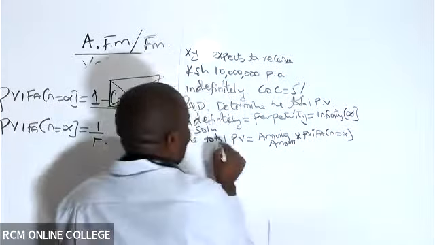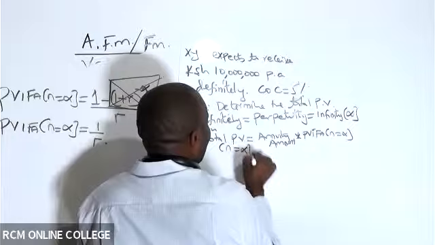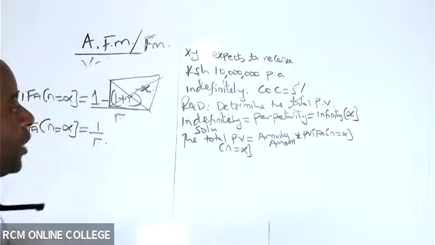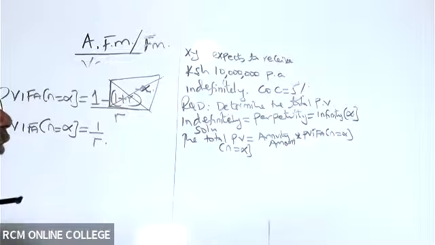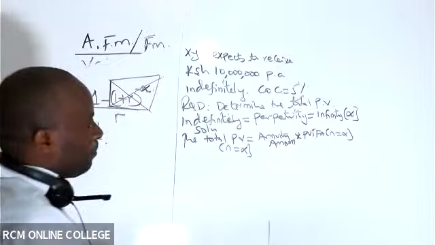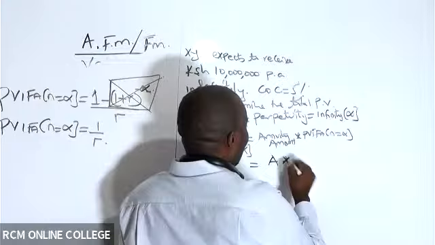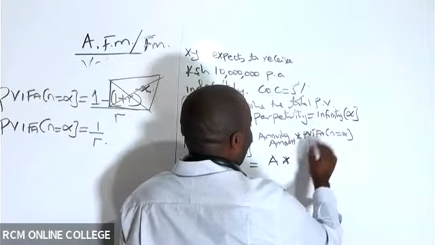If you want the total present value when n is infinity, I take the annuity amount times the PV factor when n is infinity. So this will be equal to A times the PV factor when n is infinity.